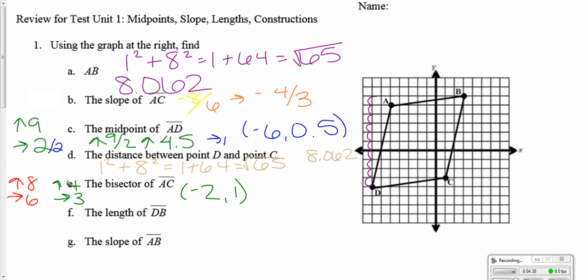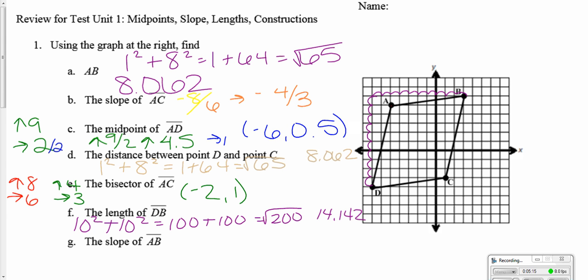So I went up 10, so 10 squared, over 10, plus 10 squared. So that's 100 plus 100, which is 200, and then I square root that, and I get 14.142.